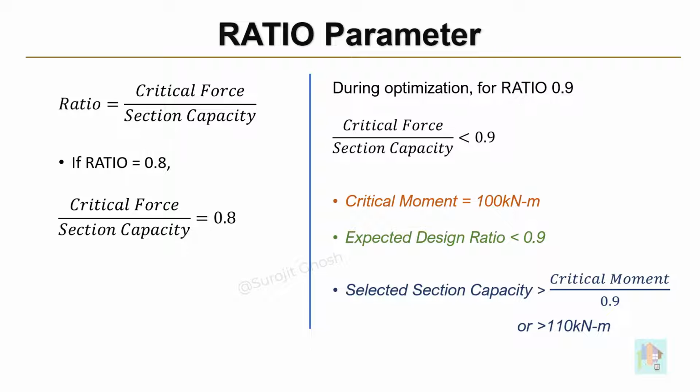Any section with capacity less than this will be rejected. So, selected optimum section has some reserve capacity, which will help in the next design check if section force is increased. Basically, we are forcing the program to select a section with higher capacity, considering the uncertainty of critical force.